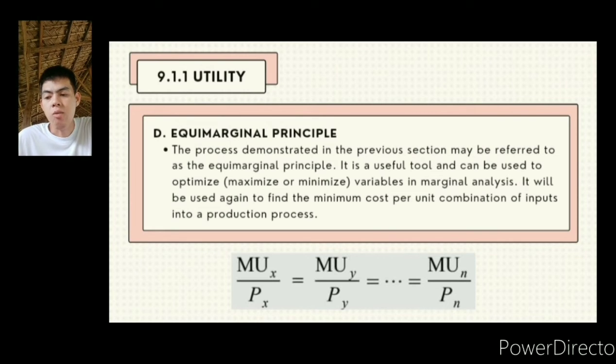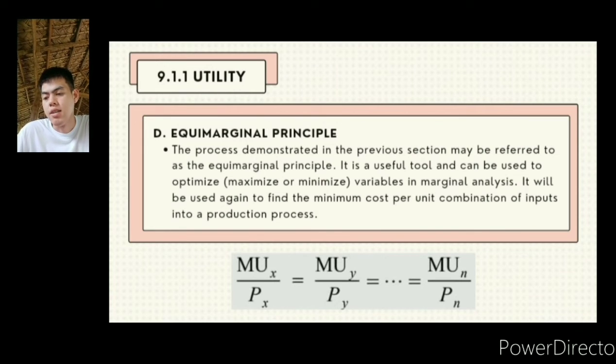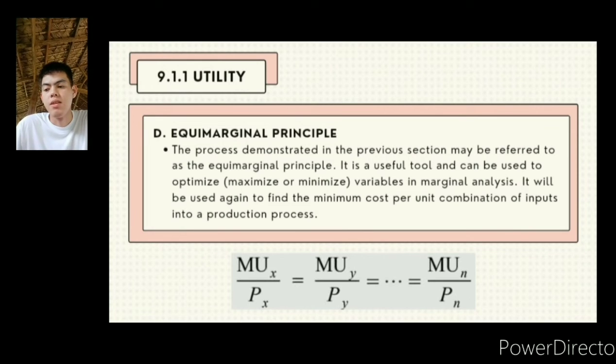Then, in the equimarginal principle, the rule for maximizing utility is straightforward. Katulad nga ng marginal utility ng X per dollar na mas mataas dun sa isa pang good, the good of X ang dapat bilhin or i-consume nung isang individual.